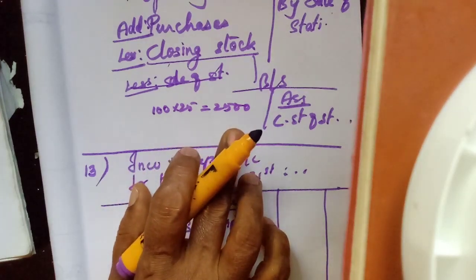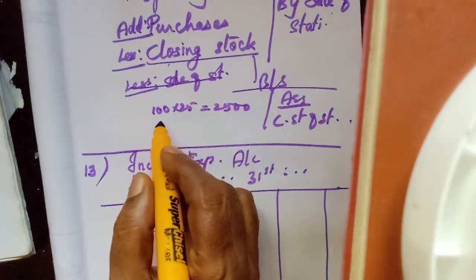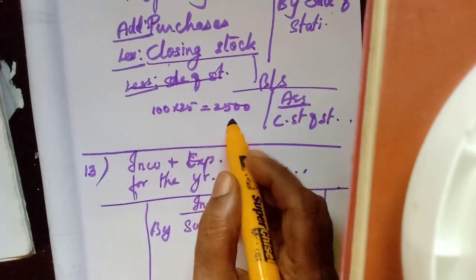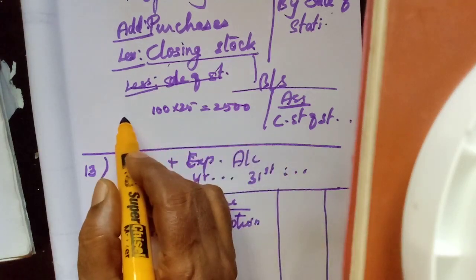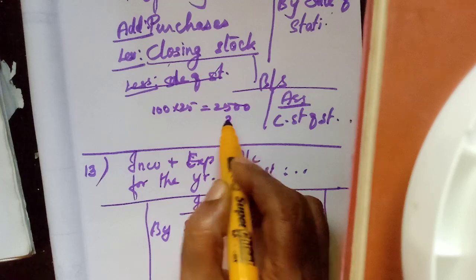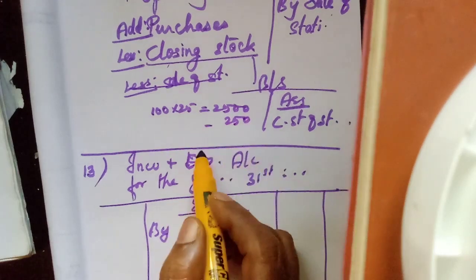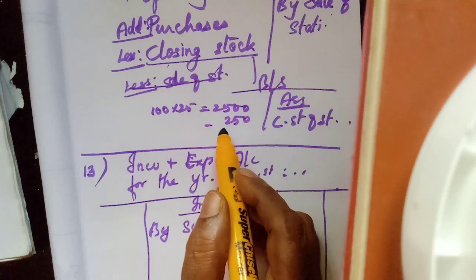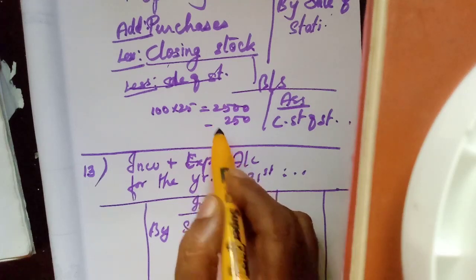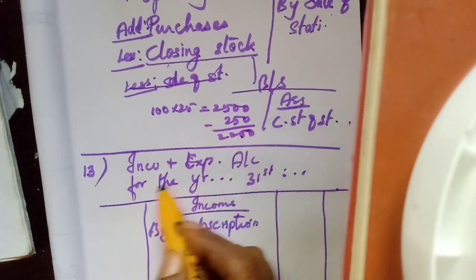Actually, by the end of the year, 10 members had not paid. 10 into 25, 250. They have not paid. So how much have we received? 2,250.